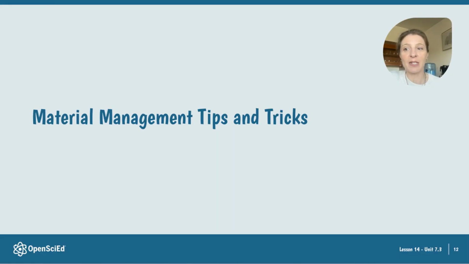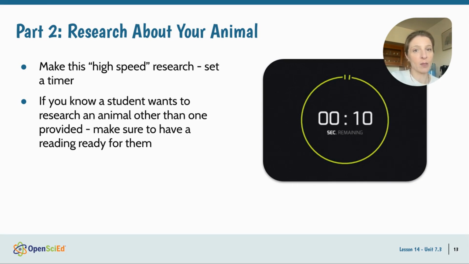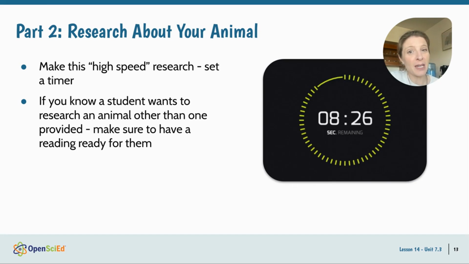Let's take a look at some materials management tips and tricks that I've had to keep this lesson successful for my students. In part 2, which is the research, I want to emphasize that you really want to make this part high-speed research. This part really does need to go fast. I set a timer to keep my students on task because 15 minutes can really go fast.